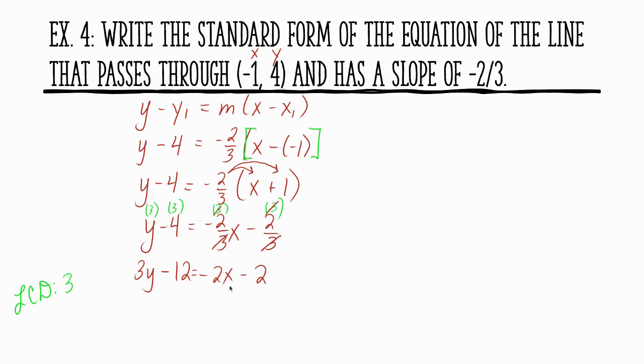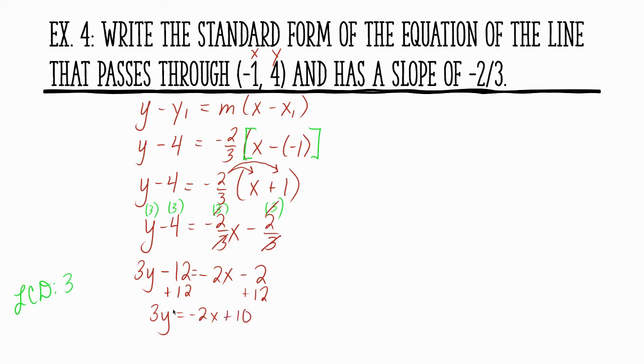We're going to bring our terms together and then shift this equation around a little bit to write it in standard form. So you can see we can bring our like terms together. The 12 we're going to add over here, and this is 3y equals negative 2x plus 10.